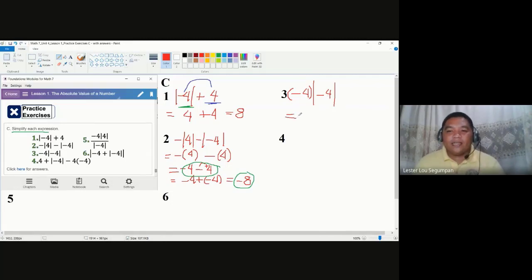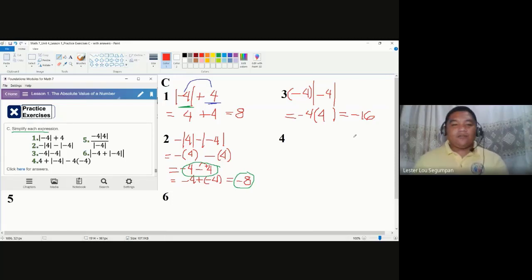So this is still negative 4 times the absolute value of negative 4, which is 4. And then you multiply: negative 4 times 4, you have negative 16. Right? Those are just plenty of operations that may be found outside the expressions.